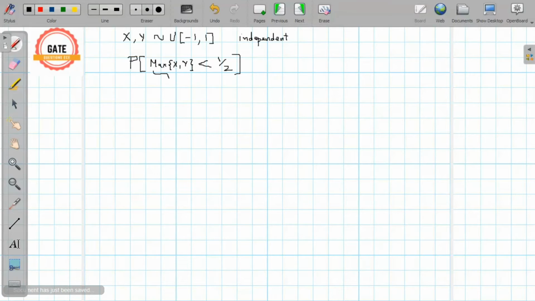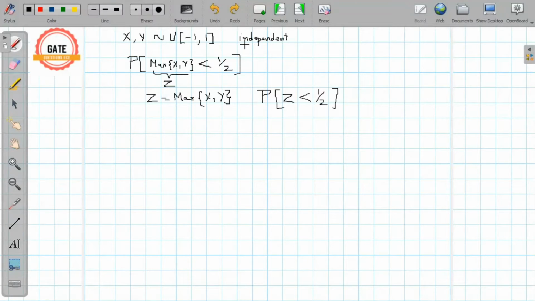So considering another random variable z, where z is the maximum of x comma y, we will have to find the probability that z is less than 1 by 2.